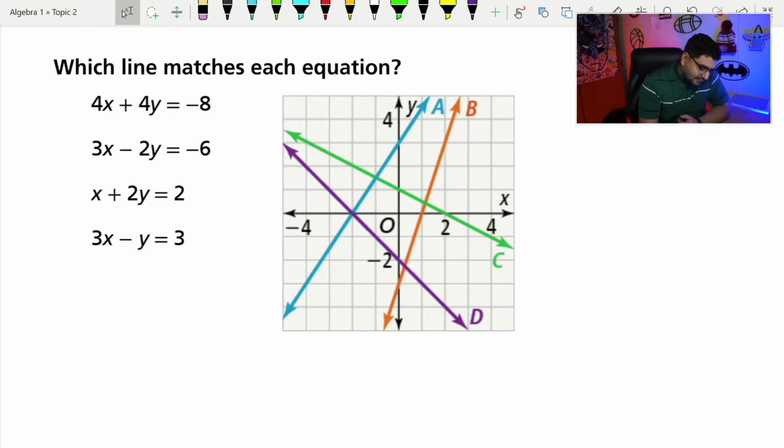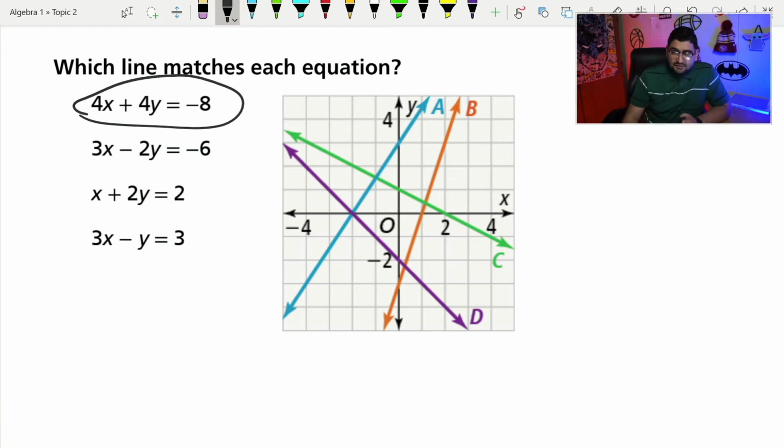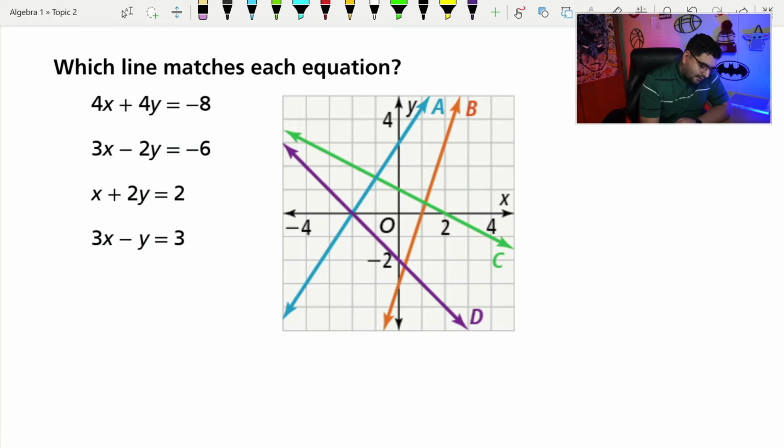So first I would look at this equation right here. If I try to find its intercepts, 4x plus 4y equals negative 8.